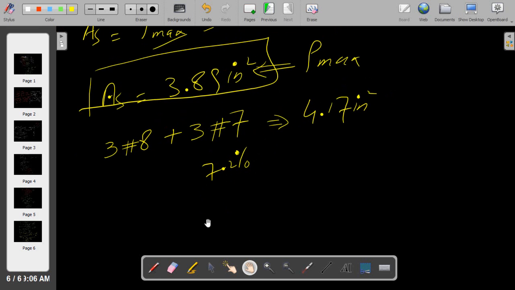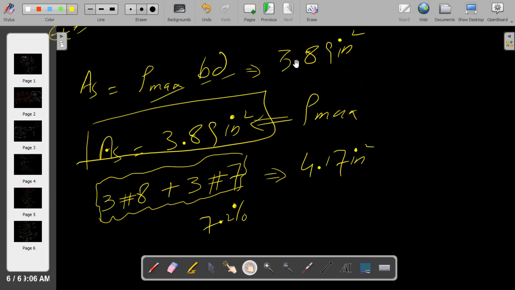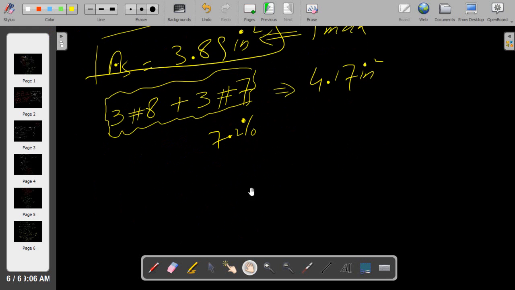So we always select a somewhat larger value than calculated, because we can't find a combination of bars which gives the exact amount of steel we calculated. So this is the final value of As, and we will provide 3 number 8 with 3 number 7 bar.